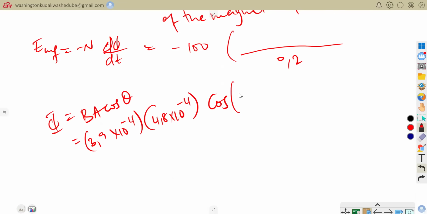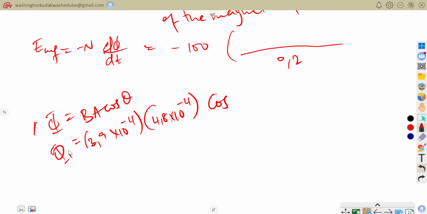And then it will be cos theta. So now you would have cos theta final minus theta initial. That is what you are going to have as the change in magnetic flux. So here, let me say I would have the initial phi and the final phi.